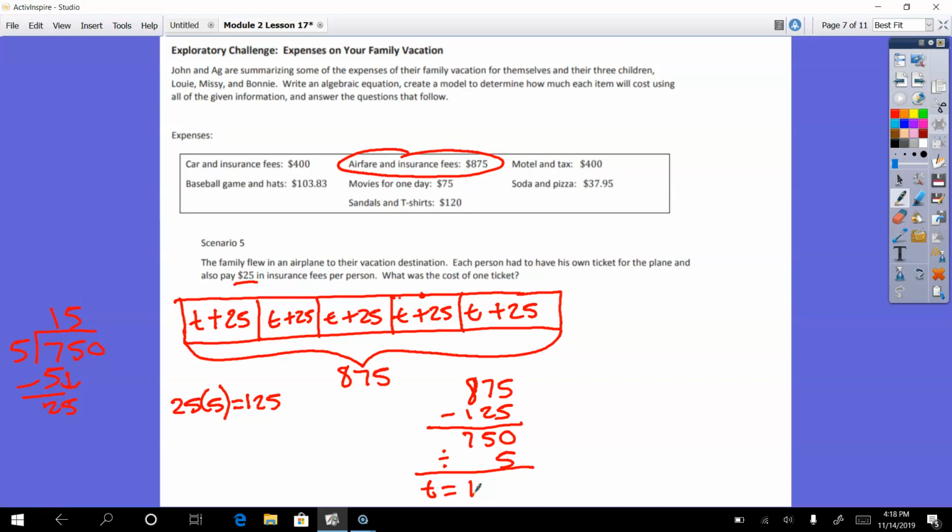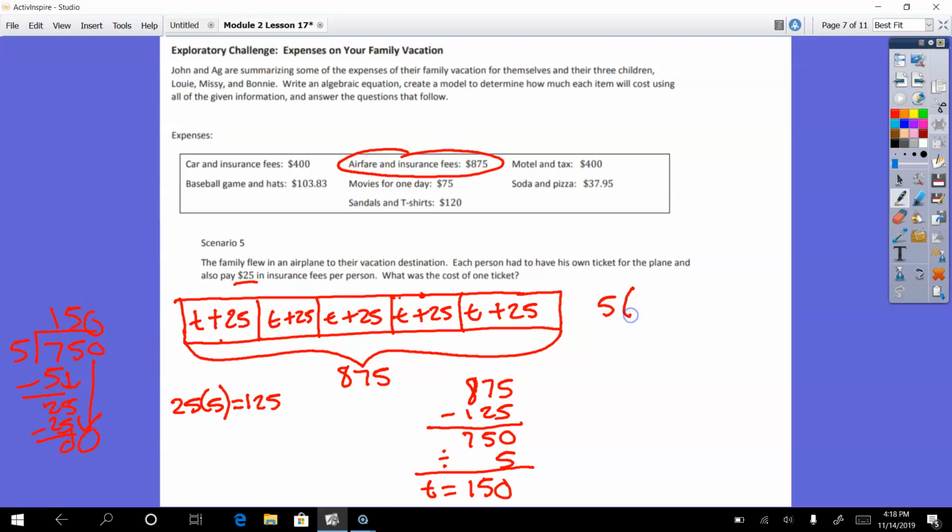Oh, and then the 0. So 5 times 5 is 25. Subtract. Okay, 150. There we go. Each ticket costs $150. And obviously you can always go back and plug in that information. 150 plus 25 is 175. 175 times 5 gives me 875.